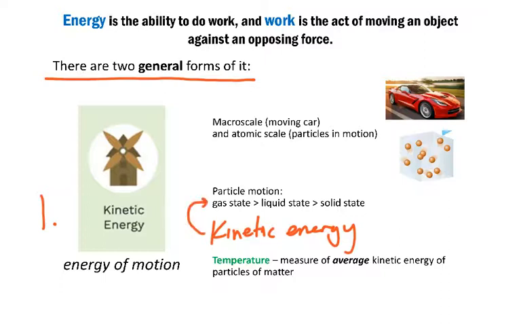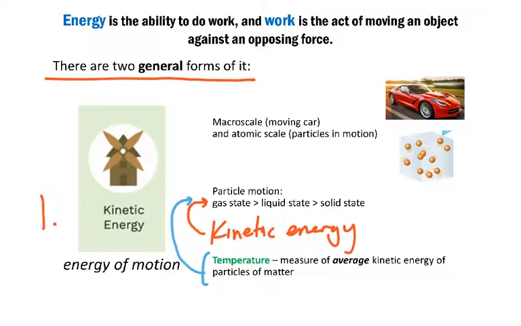So gas state has higher kinetic energy than liquid state, which is higher than solid state. And temperature can be defined as the measure of the average kinetic energy of the particles of matter.